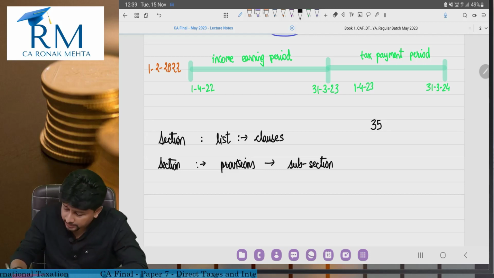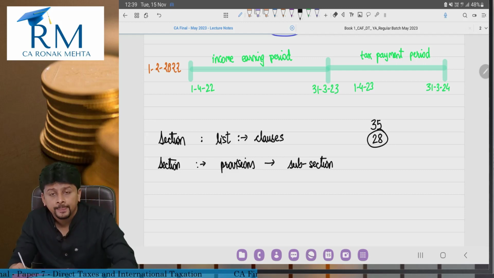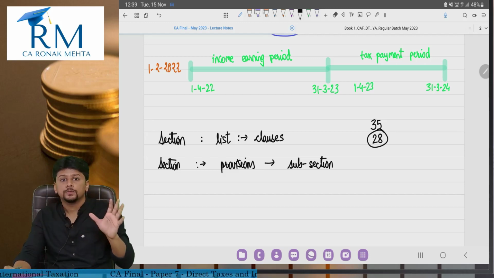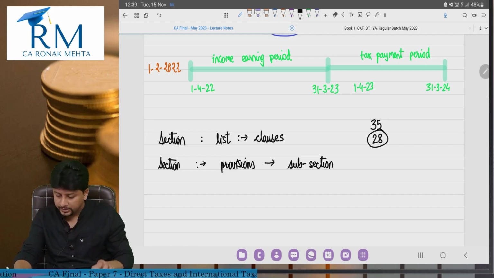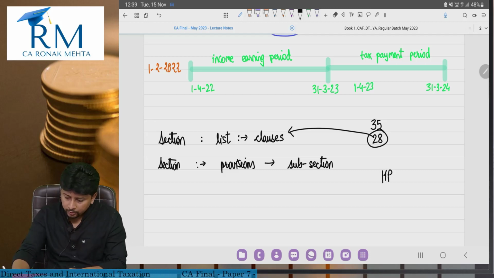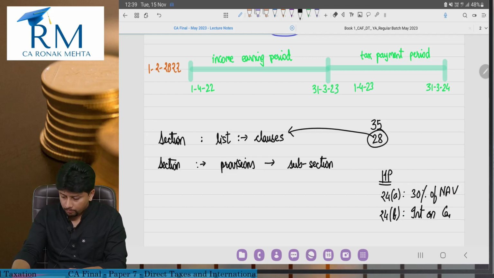Giving you another example, section number 28, the charging section of PGBP, is a list of incomes. So it is clause number. List hai, so it will be clause number. House property chapter, if you remember your CA Inter, 24A, standard deduction 30% of NAV. 24B, interest on borrowed capital, interest on loan.